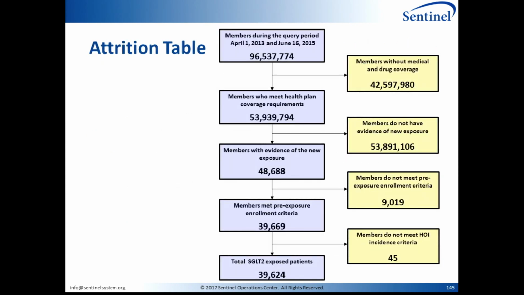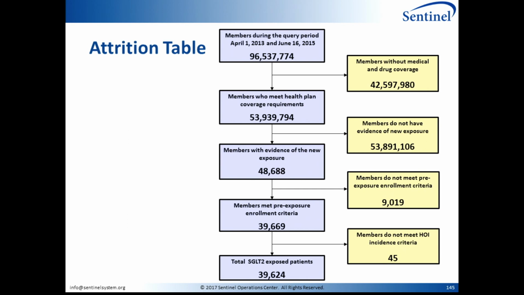This is just an example of an attrition table, so you can start to see where you're losing people. You start out and say, I want to find anybody in my database that has data during this period. Then I'm going to say, I only want the people who have both medical and drug coverage. Then I only want the people who have evidence of this exposure. Then I only want people who have enrollment for a particular period prior to this exposure.